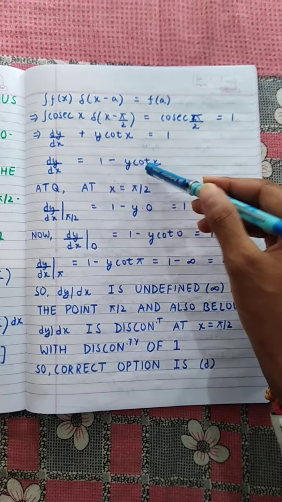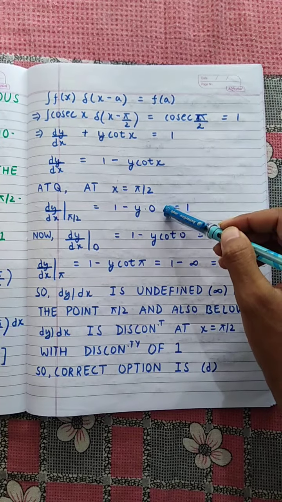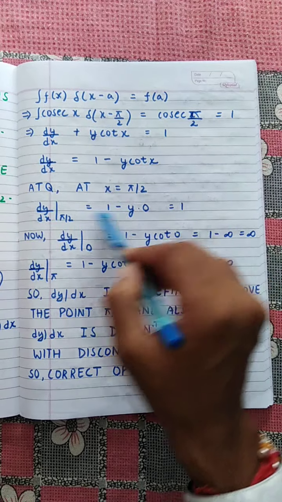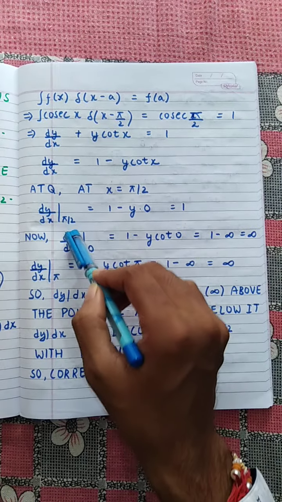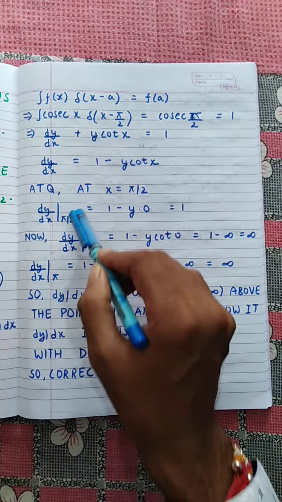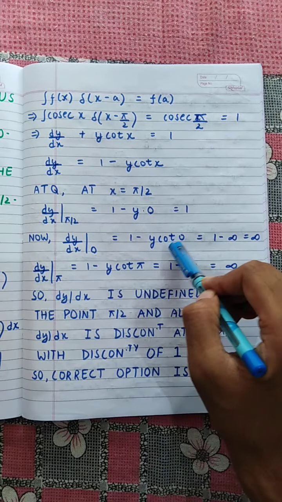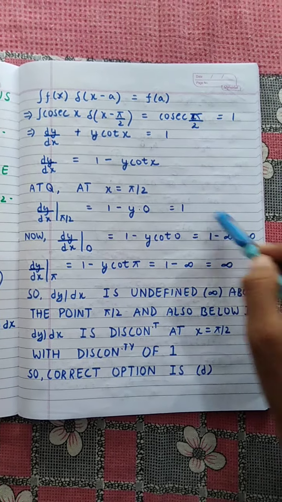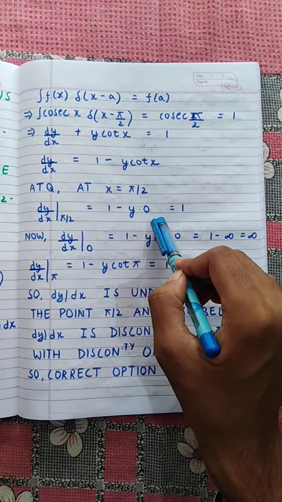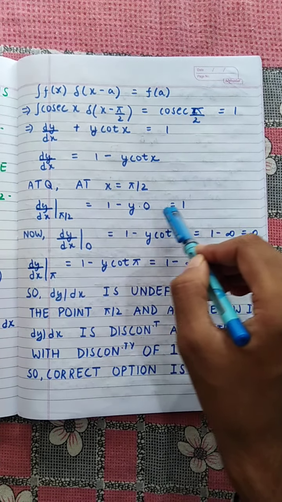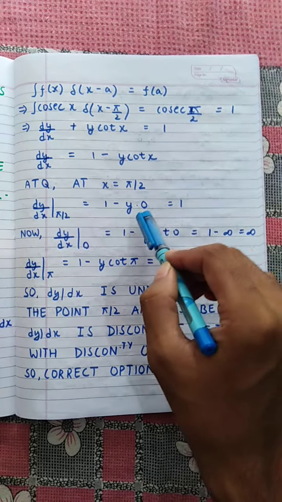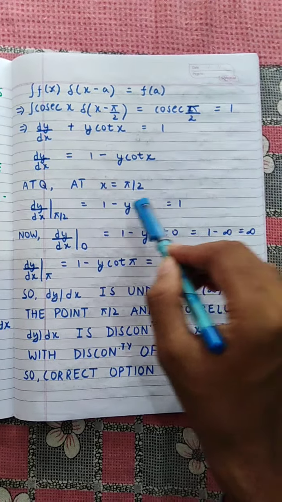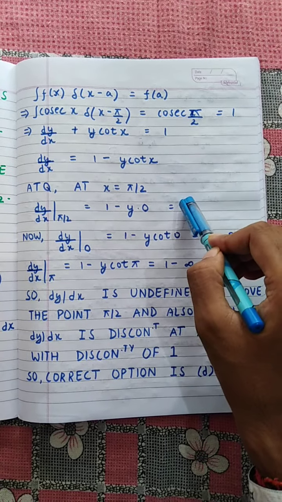If we observe the value of dy/dx carefully, at x equal to pi/2, dy/dx is 1, but at the point pi and at the point 0, it is not defined, it is discontinuous, its value is infinity. So on the axis we have the points 0, pi/2, and then pi: at 0 and at pi it is infinity, and at pi/2 it is equal to 1.